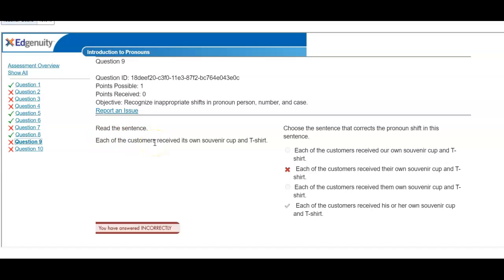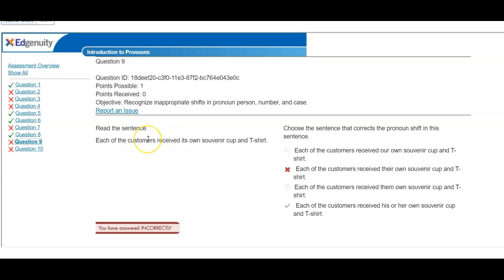So I have to recognize that we have a pronoun shift. Each of the customers. Then here I've got to indicate that I have more than one customer. It indicates that I only have one customer. If this said the dog received its, that would work because there's only one dog.